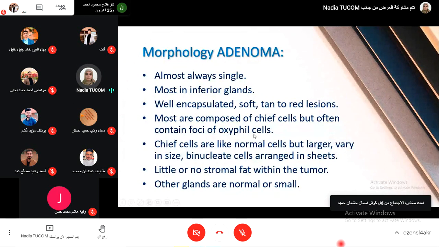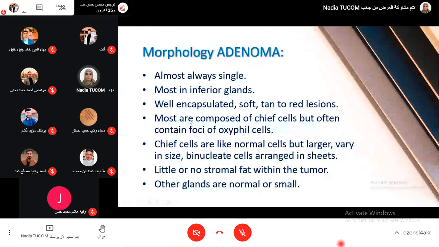What is different here from the normal histology? Most are composed of chief cells but often containing foci of oxyphil cells. What is the difference here from the normal histology of the parathyroid gland? Look at this adenoma. What is the difference?